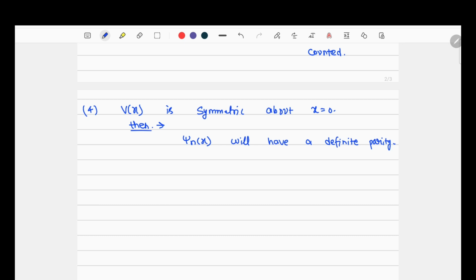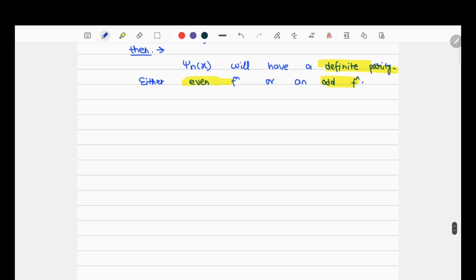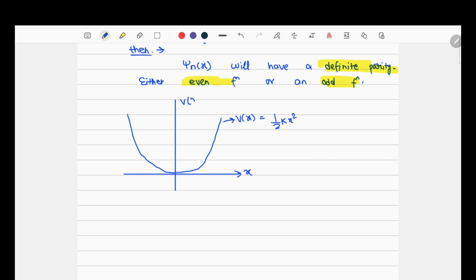What do I mean by definite parity? I mean that it will be either an even function or an odd function. So if your potential is symmetric, for example the 1D harmonic oscillator, this is your potential, half kx square, and this is x, and this is your V of x.